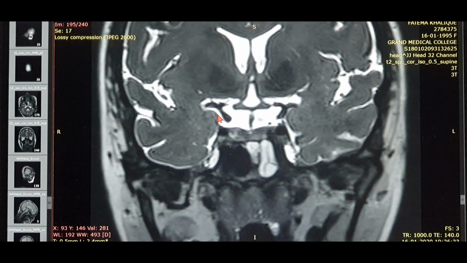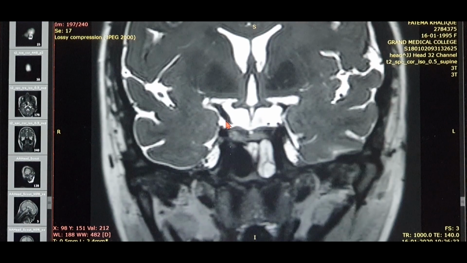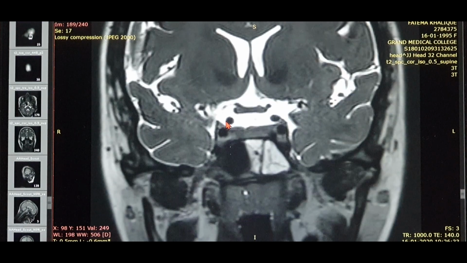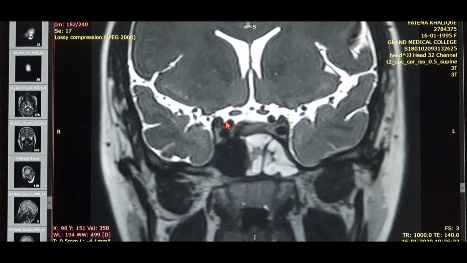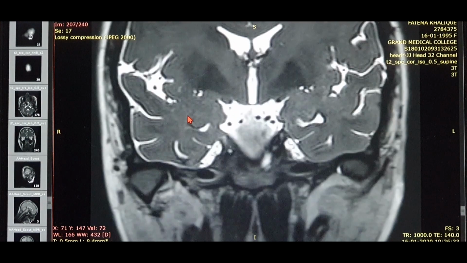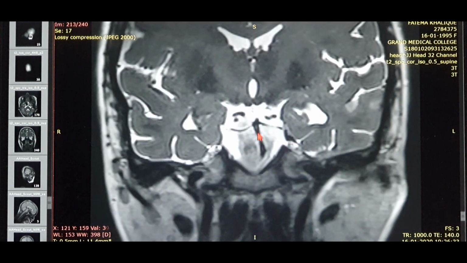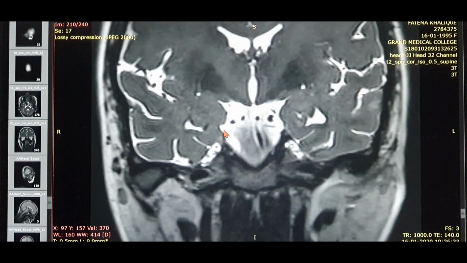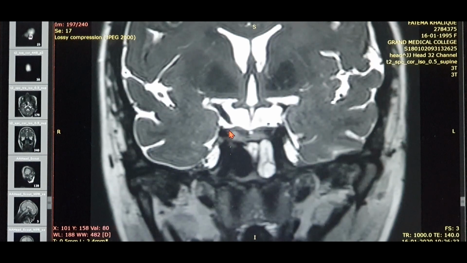So you need to learn, you need to practice, you need to sit with a radiologist to confirm the findings which you have on the CT scan and the MRI, so that you become very expert as a surgeon to read all the scans. You can see all this, these are the branches of the MCA. Then this is very much posterior, that's the basilar artery, superior cerebellar, posterior cerebral, and all.